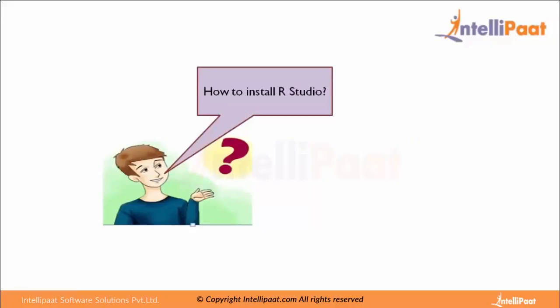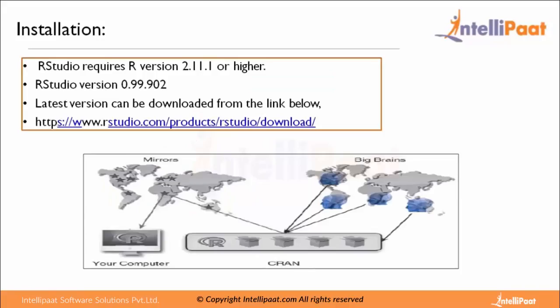Now we are going to talk about how to install RStudio. So this is the link for installation of R as well as RStudio. For this study purpose, we suggest downloading R version 2.1.1 or a higher version.